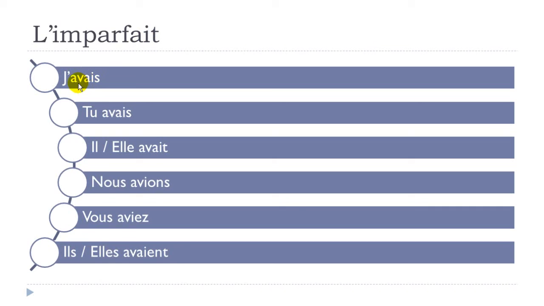Just try to remember, especially if you want to use it only orally, it's quite easy because avais, avait, avaient sound the same. So, j'avais, final S not pronounced. Tu avais. Il avait, final T not pronounced. Nous avions, let's make this beautiful liaison here. Vous aviez, same thing here, a little liaison. Ils avaient. Elles avaient.